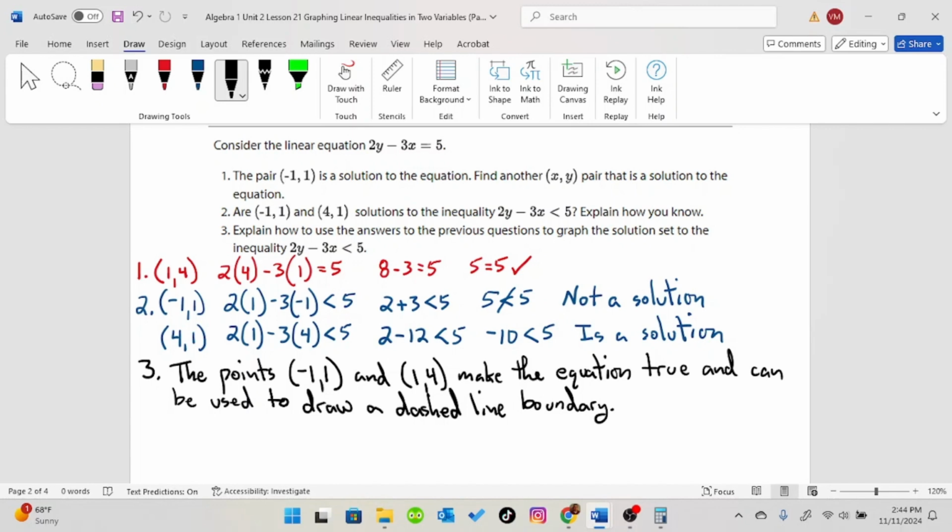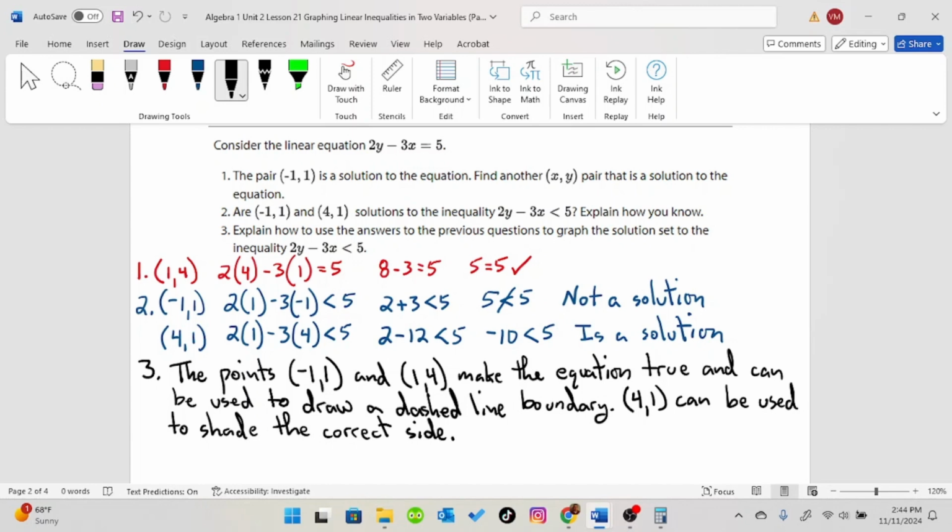and since the point (4, 1) is a solution, (4, 1) can be used to shade the correct side.